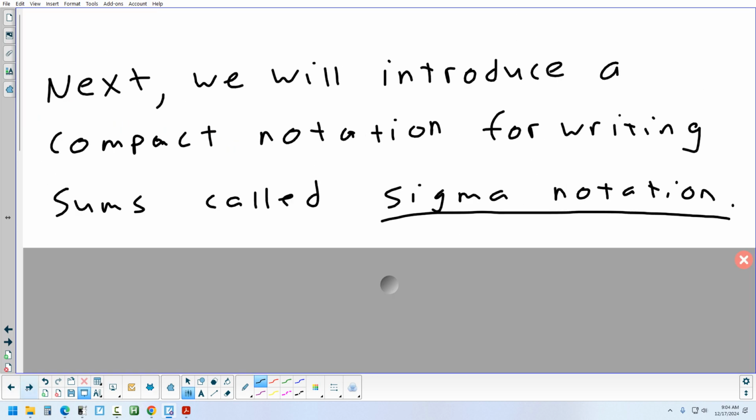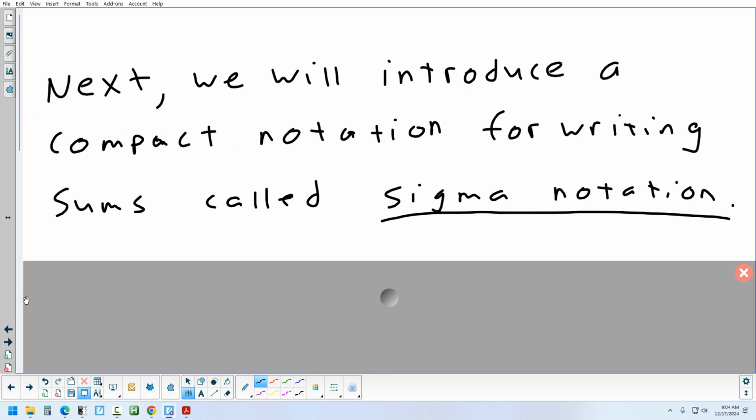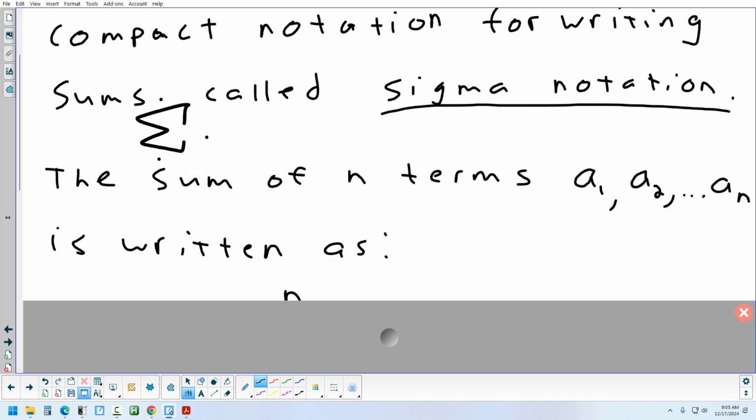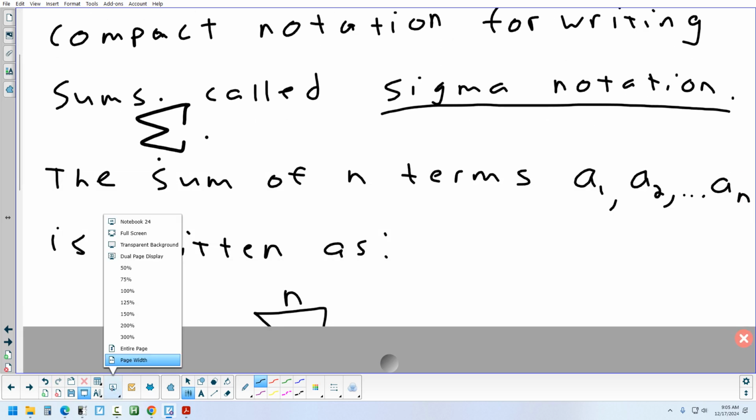Okay. In sigma notation, you're going to see that symbol, which is a capital Greek letter, sigma. And there's going to be 3 things around that sigma that basically tell you what you're doing. So let's take a look at that.